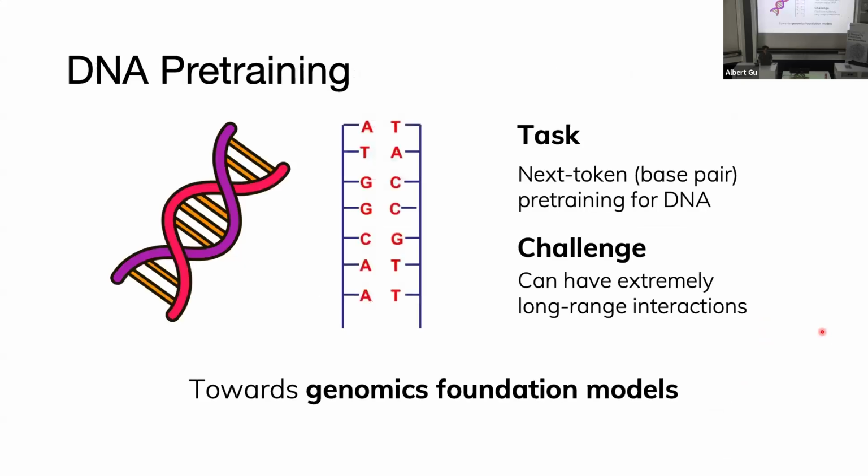Something else that I think is most exciting is that these models are not only good at language, but also at many other types of data that the community has started caring about more. For example, DNA foundation models have become a more and more popular topic. Just like we have foundation models for language, we can try to have foundation models for genomics.